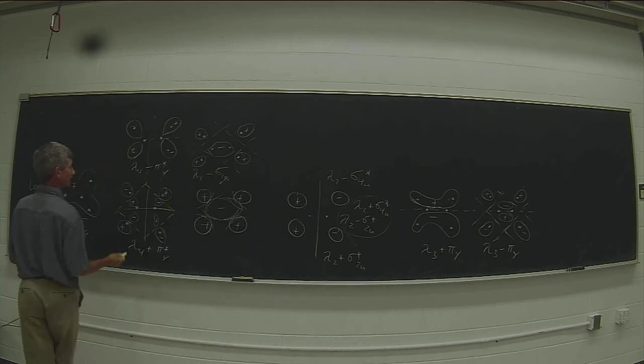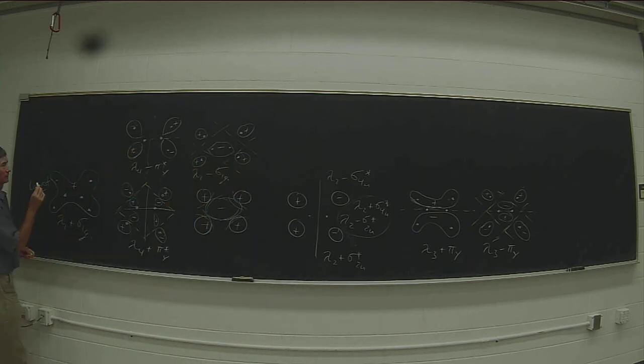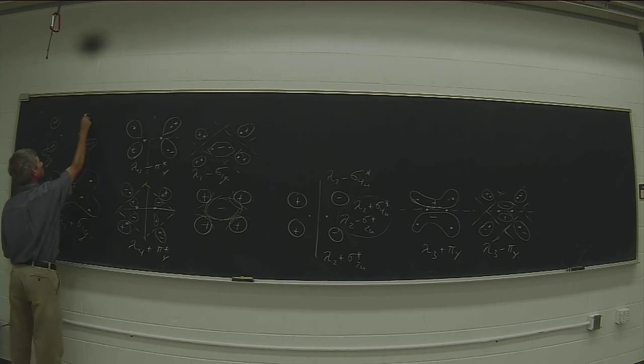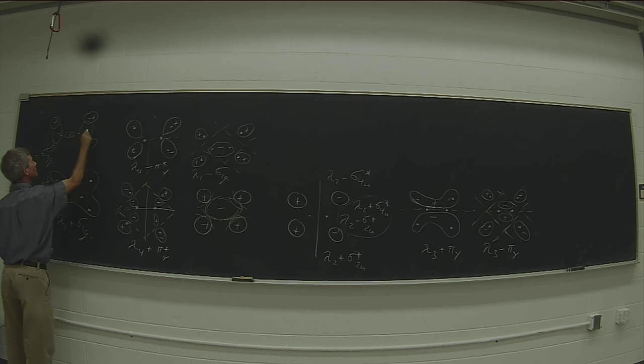Let's look at lambda 1 minus sigma 3g. Lambda 1 minus sigma 3g looks like this. Has nodes through the nuclei.